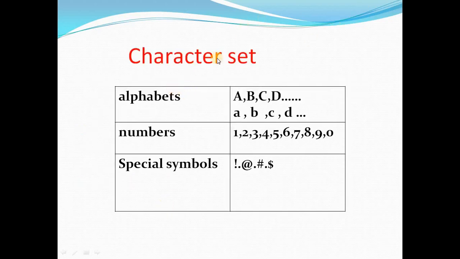A character set includes alphabets, numbers and special symbols. We can use alphabets like A, B, C, D, numbers, and special symbols. We use all this in our program. To write a program, we use a character set.